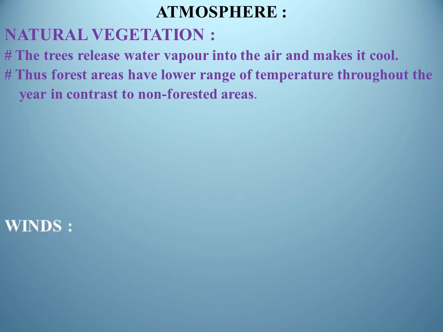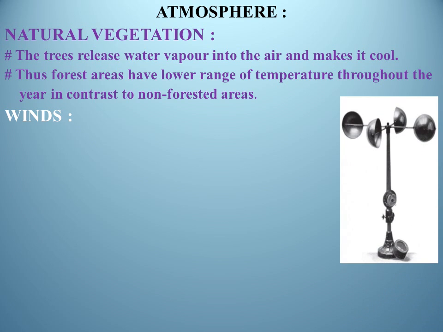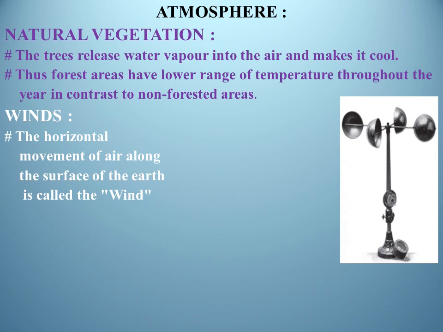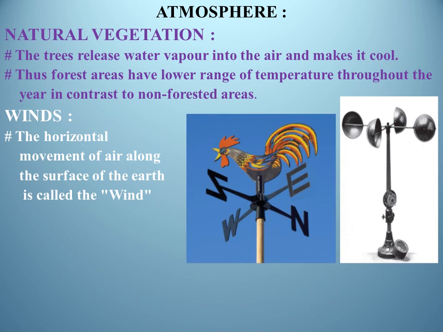Next, we are going to learn about winds. The horizontal movement of air along the surface of the earth is called wind, while the vertical movement of air is called an air current.